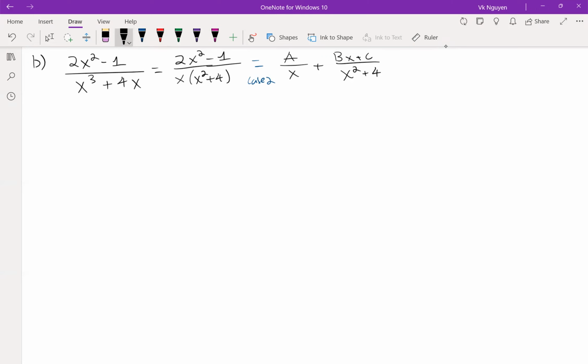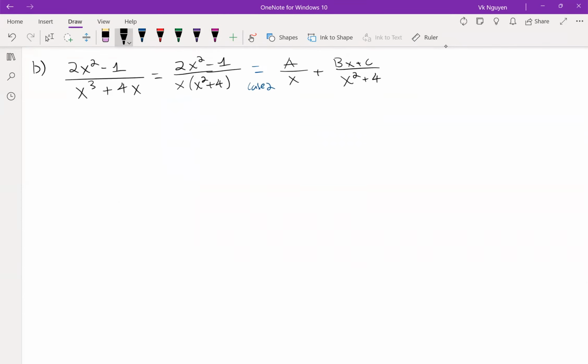Can do a common denominator to get a times x squared plus 4 plus bx plus c times x over x times x squared plus 4. Yay!